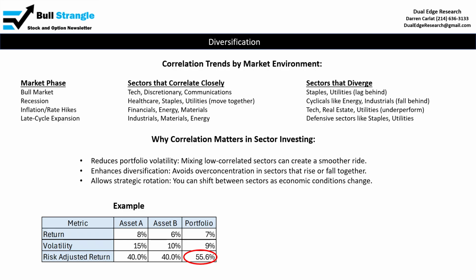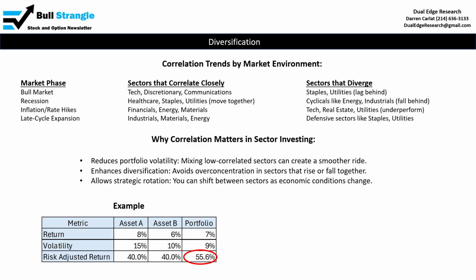Now, a good example of how diversification impacts your bottom line returns. Think about asset A that has a return of 8% and a volatility of 15%, which has a risk-adjusted return of 40%, which considers the risk-free return of 2%. Asset B has a 6% return and a 10% volatility and also has a 40% risk-adjusted return.